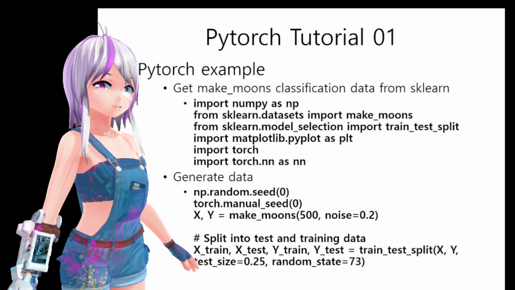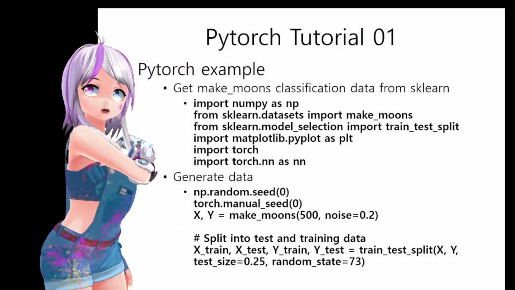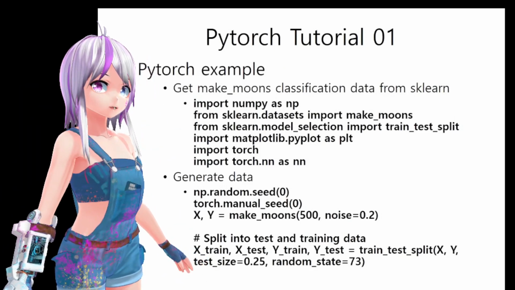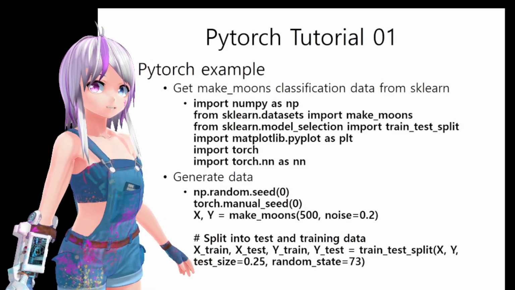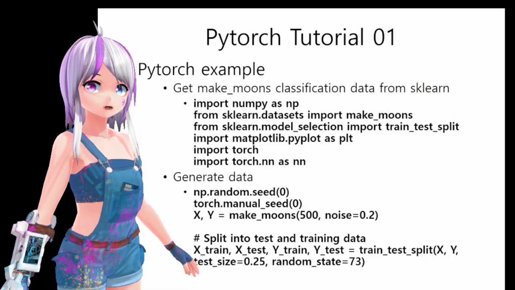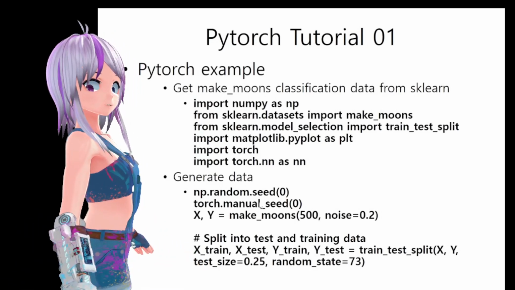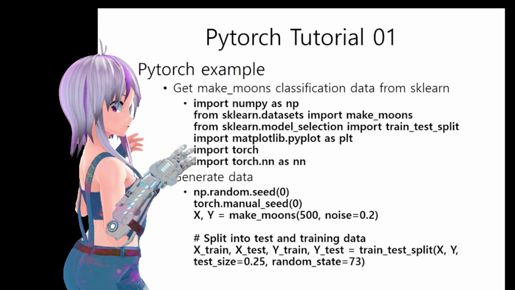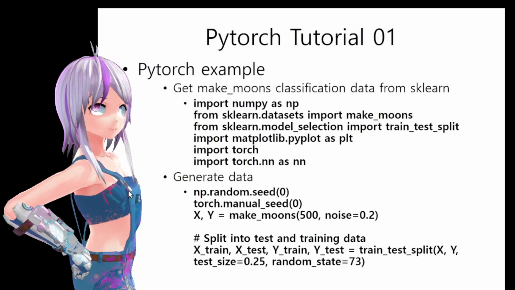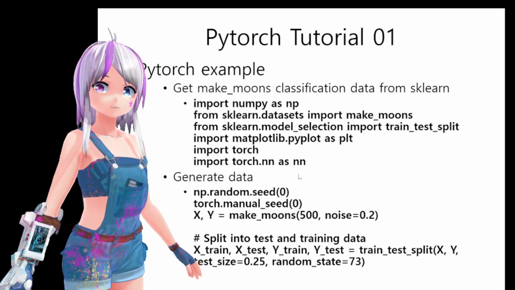This is much easier to understand. You get make_moons classification data from sklearn by typing import numpy as np, and from sklearn.datasets import make_moons.